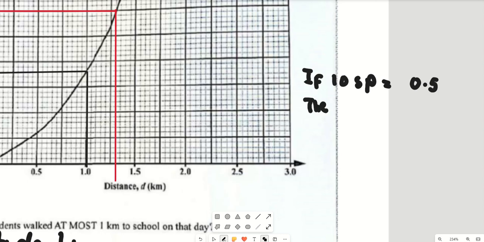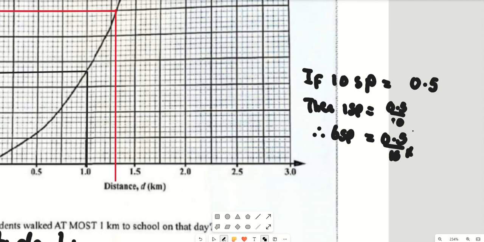So then you always find for one space, which is 0.5 divided by 10, right? And therefore, we want 6 spaces. So that'll be 1 plus whatever the 6 spaces is equal to. 0.5 divided by 10 multiplied by, instead of 6, you can also do this.